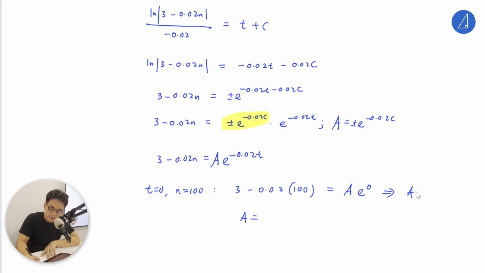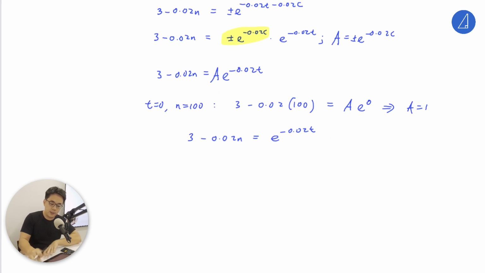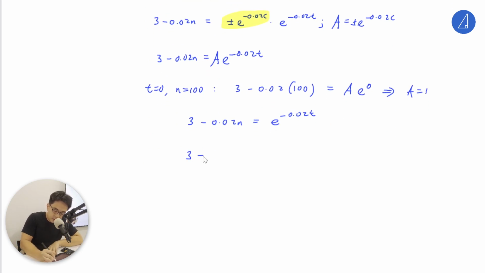So this equation here will be 3 minus 0.02N equals e^(-0.02t). You write 0.02 as 1/50, you can key in 0.02 and get 1/50. So this is 3 minus 1/50 N equals e^(-1/50 t).